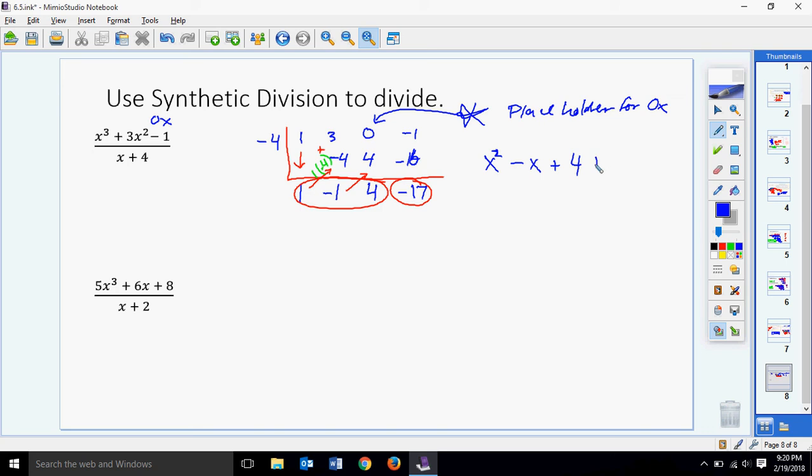What do I do with my remainder? Remember, I want to write it as remainder over my divisor. The other way you can write this, instead of plus a negative 17, is subtracting 17 over x plus 4.